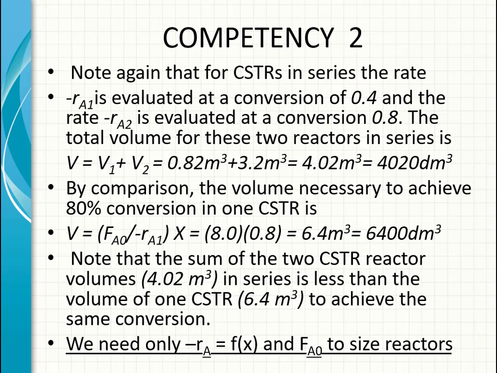Note that the sum of the two CSTR reactor volumes in series, 4.02 cubic meters, is less than the volume of one CSTR, 6.4 cubic meters, to achieve the same conversion. And we can say that we need only minus RA as a function of X and FA0 to size a reactor, because that's all we need to build our Levenspiel plot.